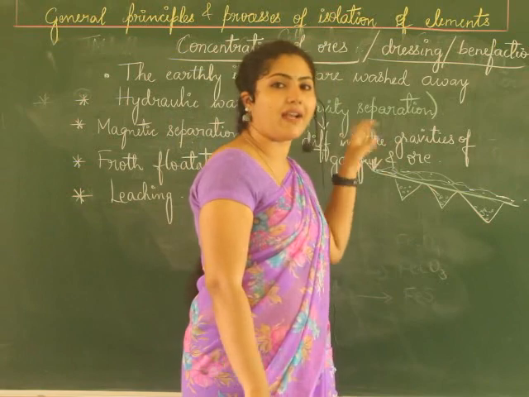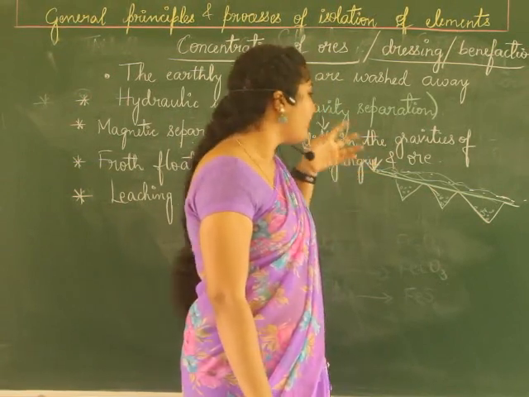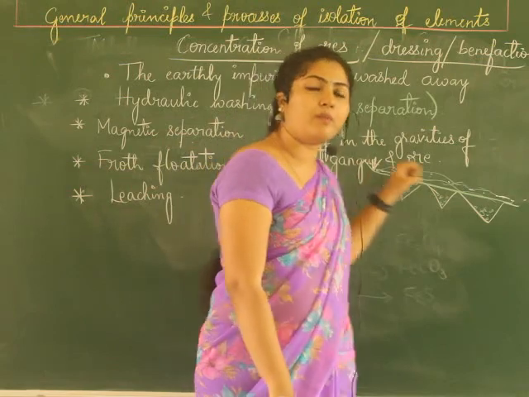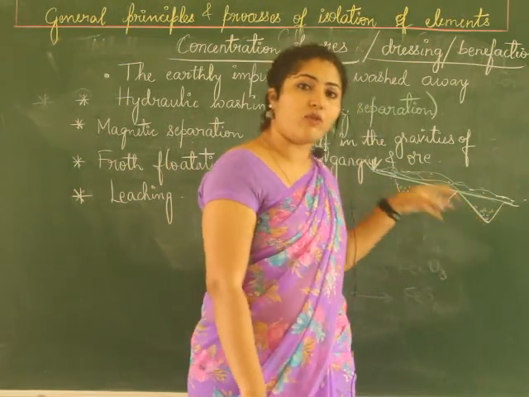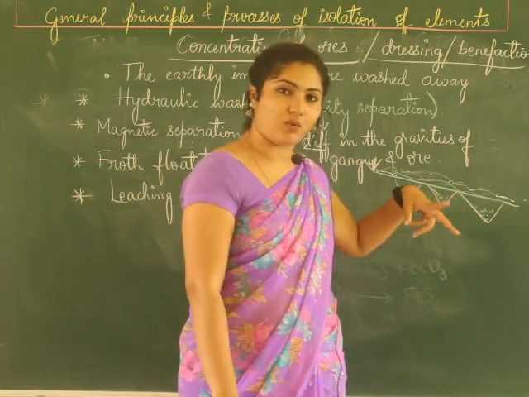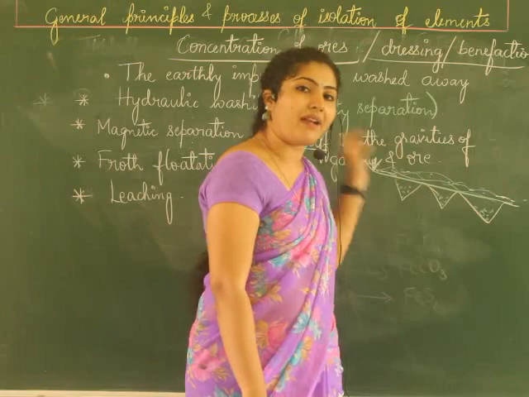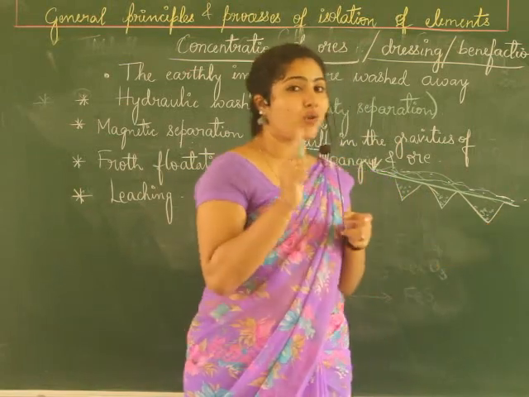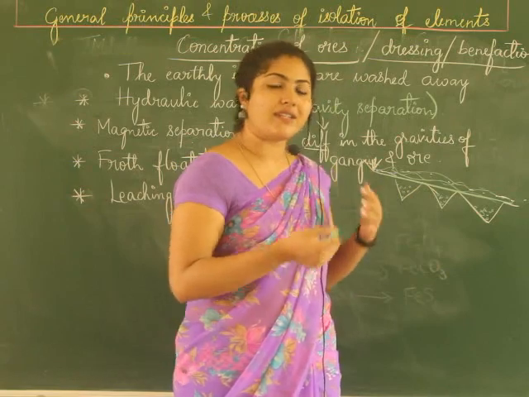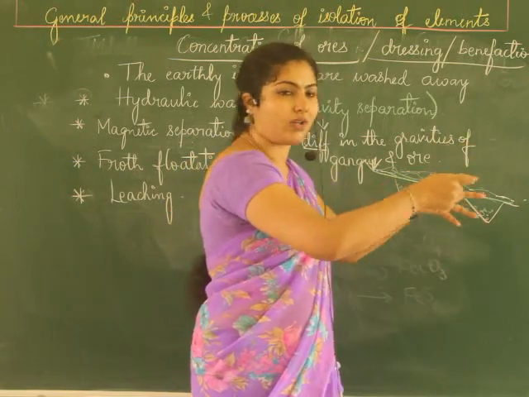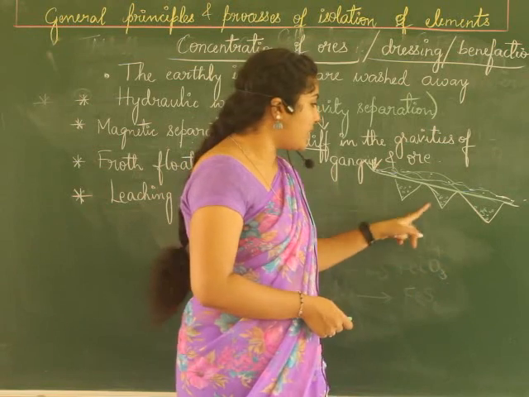At one end they are adding the ore particles, or say minerals, ores. They are passing the water through it with force, a flow of water, along with which the gangue particles will be washed away because they show less gravitational pull. They do not settle down. Instead they are washed by the water, whereas the heavier ore particles settle down. This is what is happening.